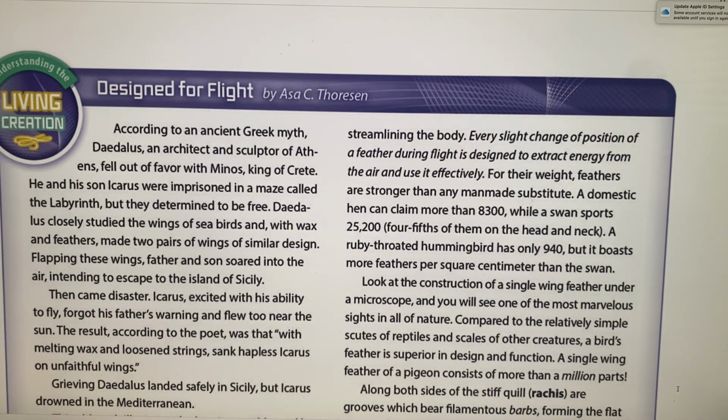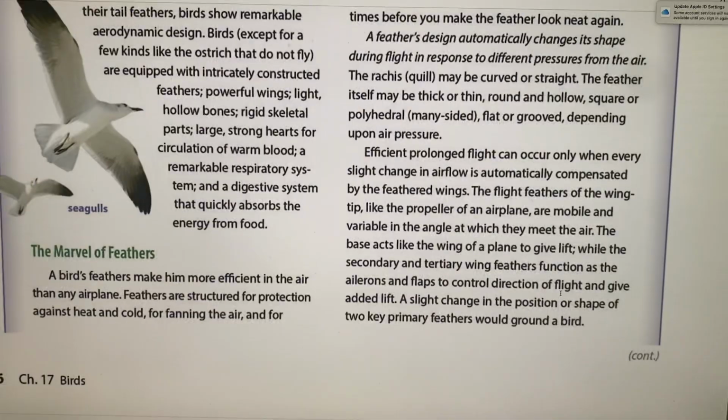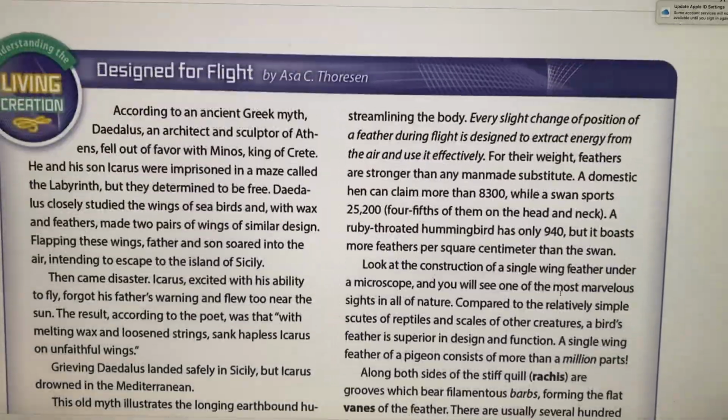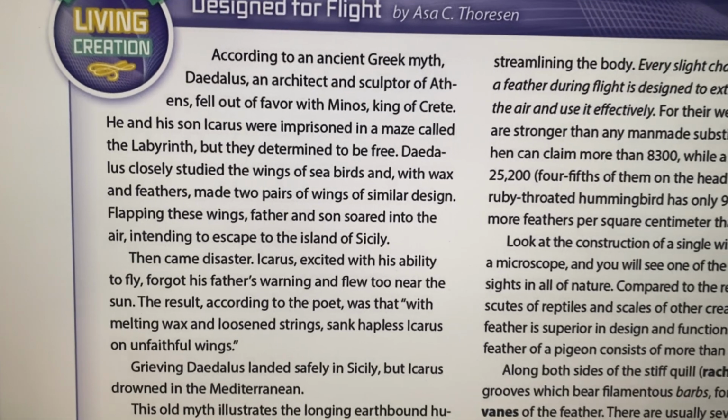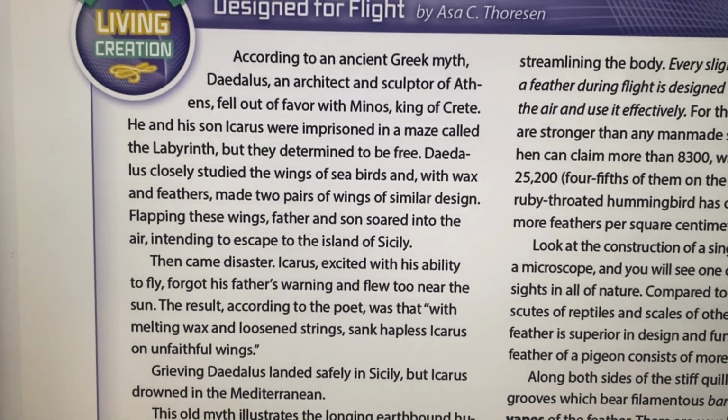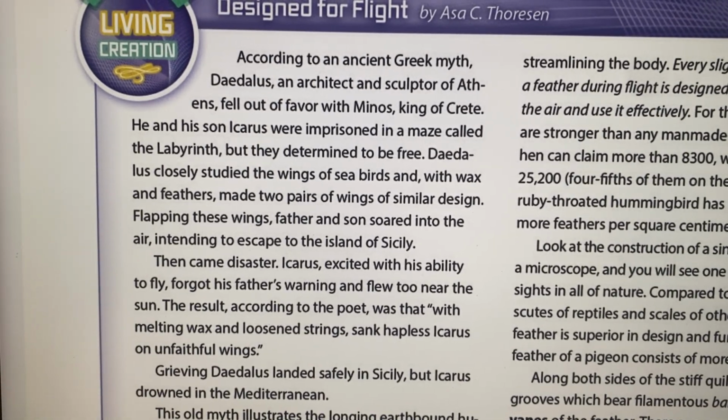We're going to be talking about the feathers here. Actually, I want to read this article because I thought it was pretty interesting, you could read along. It says, according to an ancient Greek myth, Daedalus, an architect and sculptor of Athens, fell out of favor with Minos, king of Crete.